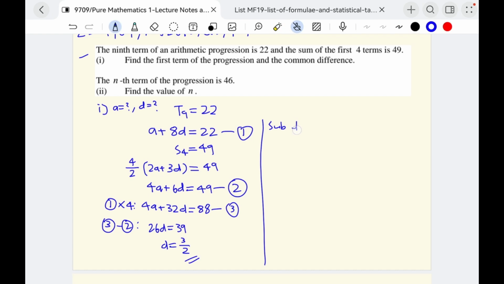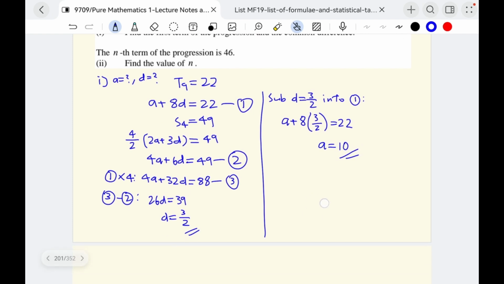So substitute D equals 3 over 2 into, maybe I choose the first equation, to get the first term, which is 22 minus 8 times 3 over 2, so A is 10. First term is 10. Okay, that's all for the first part.